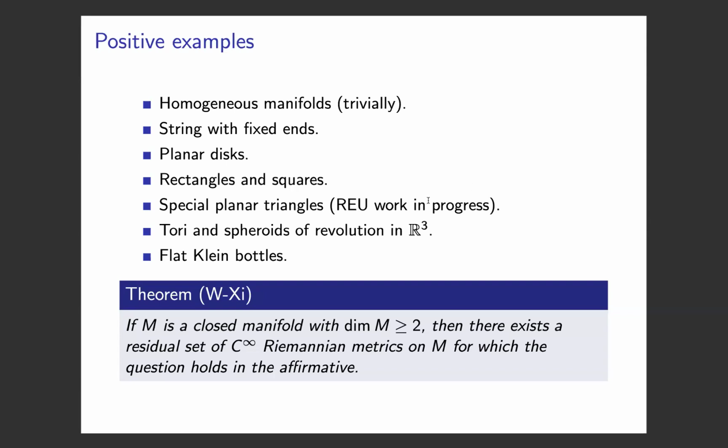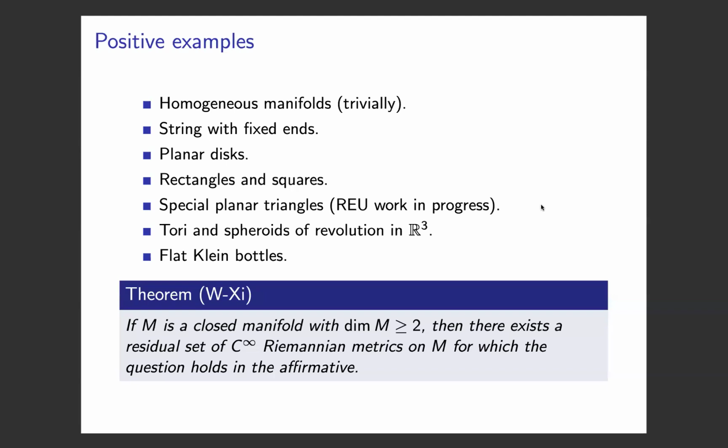Also, there's an REU in progress that I'm running at Binghamton, where the students are establishing that for the special trigonometric triangles, so 45, 45, 90, 30, 60, 90, and equilateral triangles, you can hear where those have been struck with Dirichlet boundary conditions.